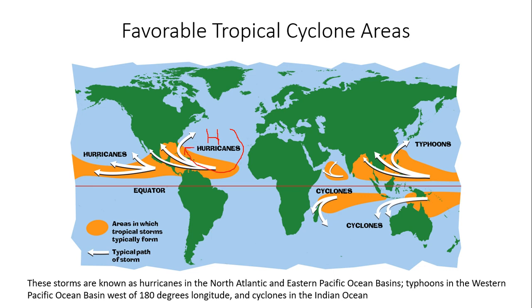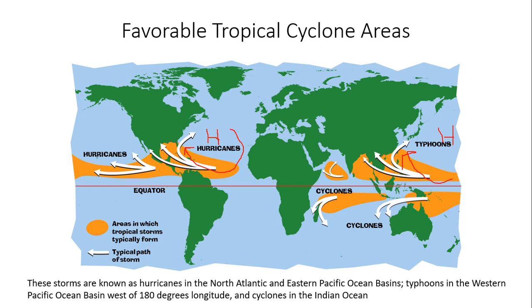The same thing goes out in the Pacific Ocean, where if you have higher pressure up here to the north, the clockwise flow around highs generally tends to steer these tropical systems towards the west-northwest in the northern hemisphere. Right, so I just wanted to show you the general climatology of the favorable areas for tropical cyclones.